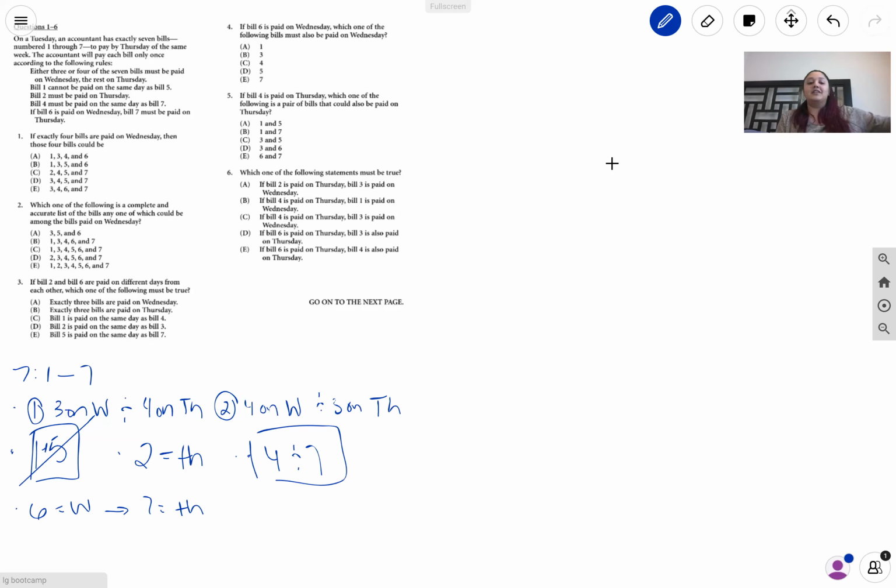Hold on, let's start over here. Bill 2 and 7 have to be on Thursday. What else? Because we know that bill 4 and 7 are always together, and that 7 is going to be on Thursday if 6 is on Wednesday, what else is going to be with 7? 4. So we know that 4 is also going to be on Thursday, and 2 is always going to be on Thursday. Does that make sense to everyone?